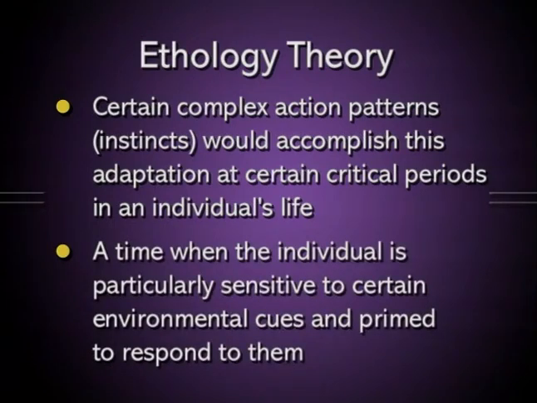A critical period is defined as a time in an individual's life in any given species in the course of development when that individual is particularly sensitive to certain environmental cues and primed to respond to these environmental cues. If the individual is in that critical period and something happens in the environment, some signal is given, the individual will respond and will thus maybe develop a certain pattern and have a normal development.